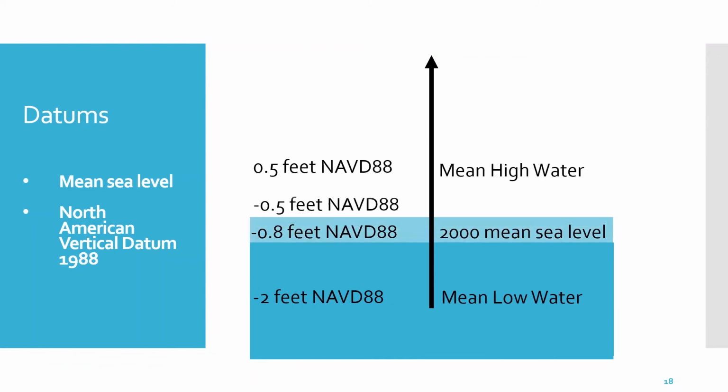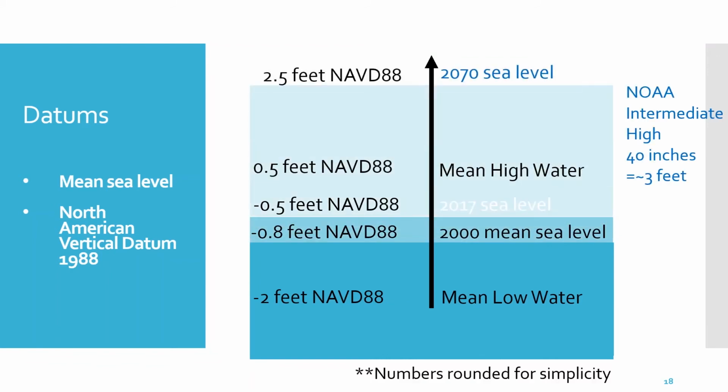The mid-tide today, or 2017, as close to today as the 5-year average can get, is approximately minus 0.5 feet NAVD. In 2070, according to the NOAA Intermediate High projection of 40 inches above the 2000 mean sea level, mid-tide will be at 2.5 feet NAVD.